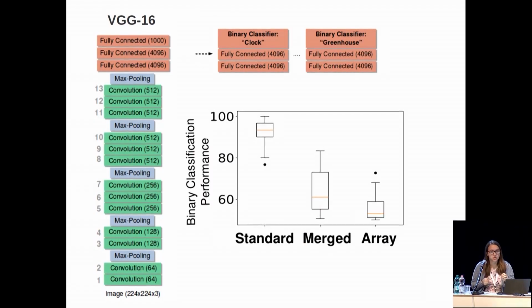This is just to show that this is challenging for the model. This is the binary classification performance for each category on just normal, regular images that just have one object. And then when you put in these more challenging images, the performance goes down. So this is a great place for attention to have an effect, for attention to bring that performance back up.